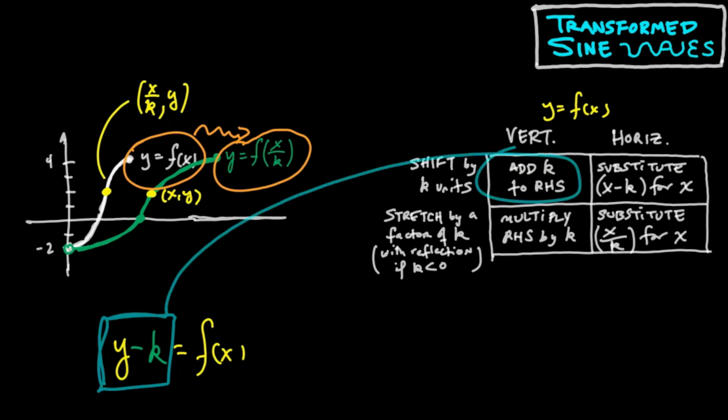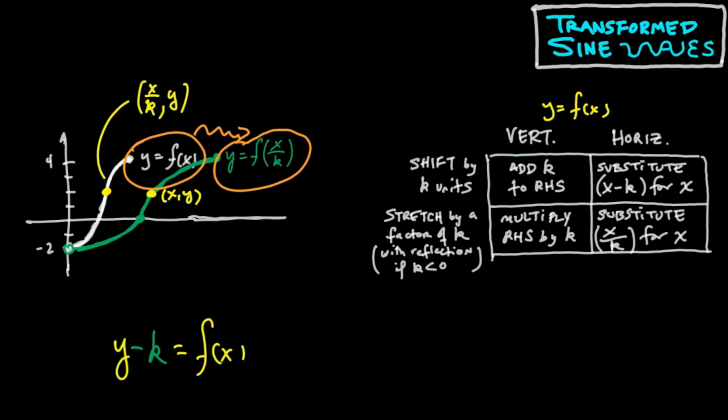So we could have put in this cell, substitute y minus k for y, and then we would have perfect symmetry between the vertical and horizontal. That would be very satisfying, but when we are dealing with functions of this special form, it's nicer just to say add k to the right-hand side, even at the risk of breaking the symmetry. My point is, there really is a symmetry there. It's just a few layers deeper than the way we're looking at it right now.